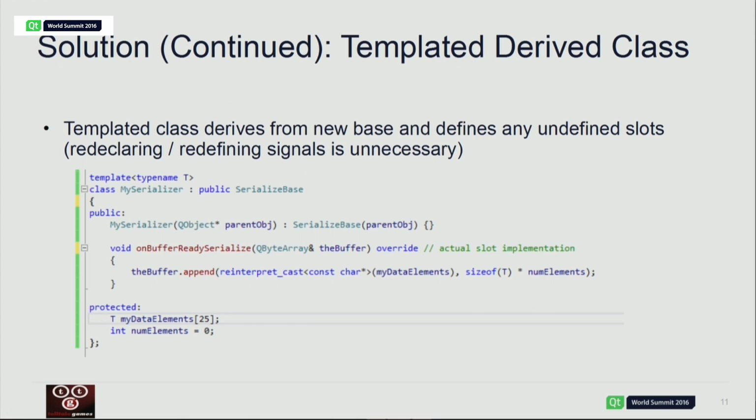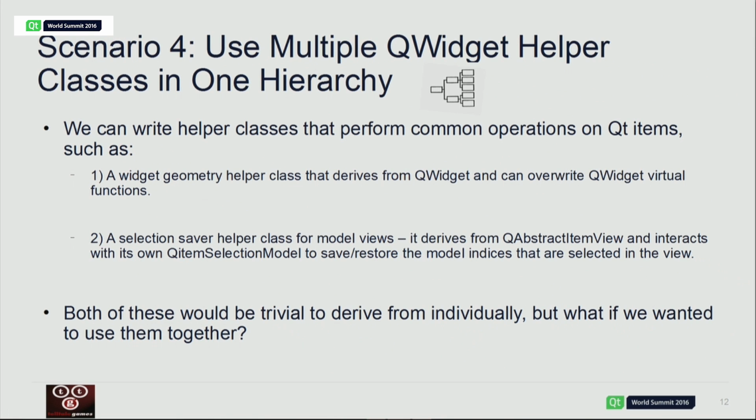We're giving it an actual implementation. We use the little override keyword to make sure everything's correct and everything's present that we expect to be, and then we provide the actual slot's implementation, which is still a genuine bona fide slot. It just wasn't declared so within a template, so moc has no problems with it. Okay.